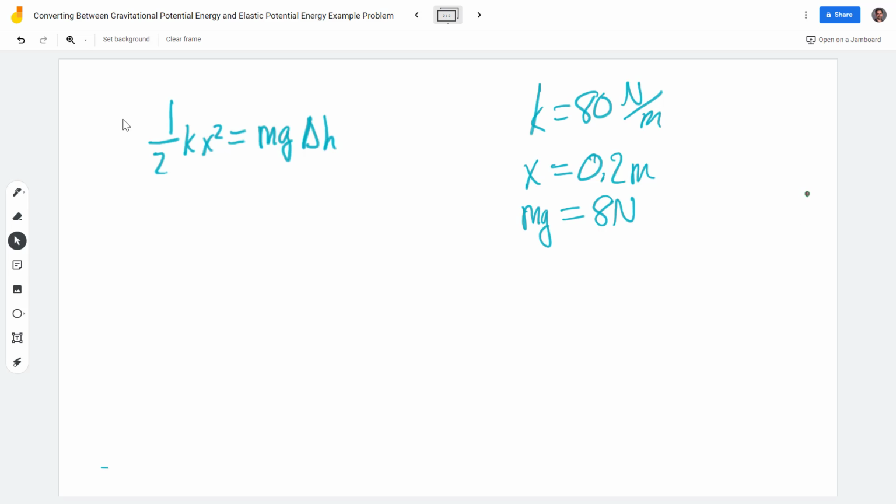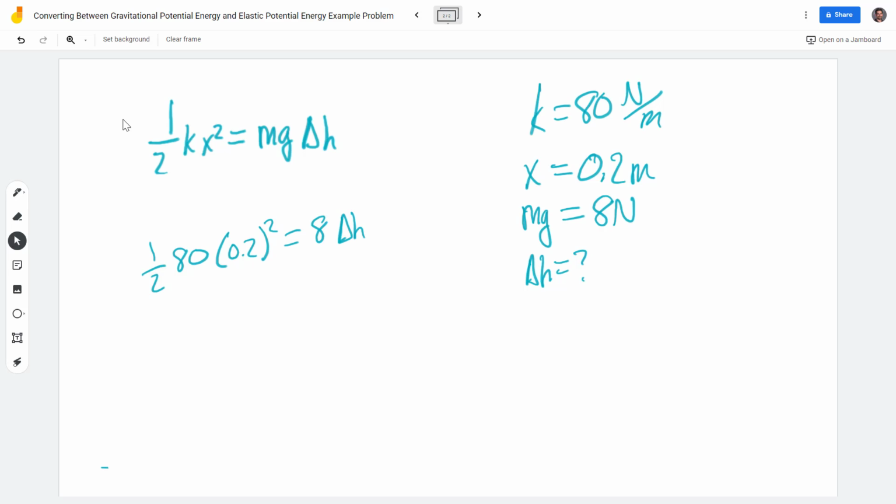And then our delta h, that's what we're looking for. We want to know how high the ball went. So we plug these values in. 1/2 times 80 times 0.2 squared equals 8 times delta h.